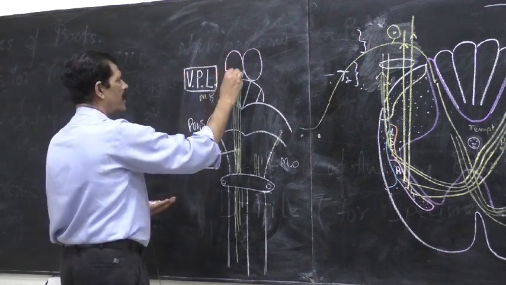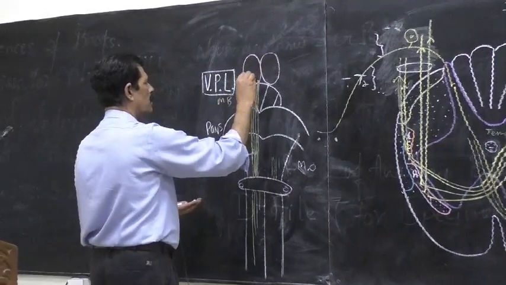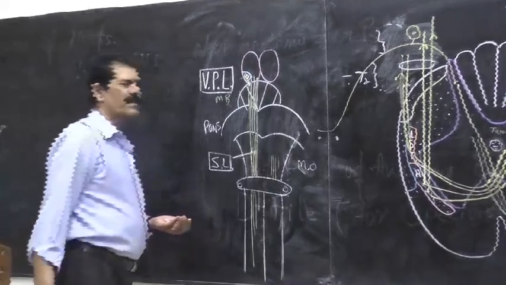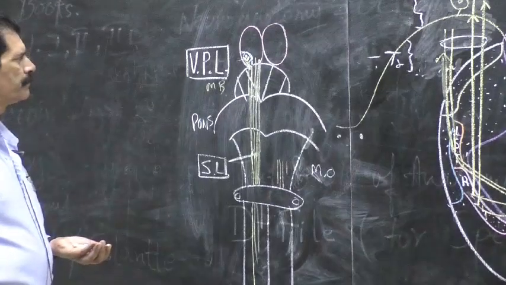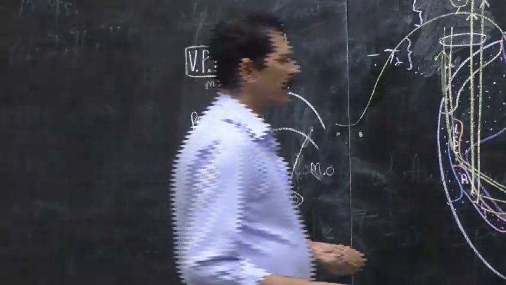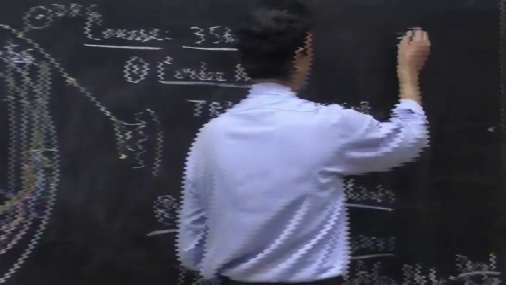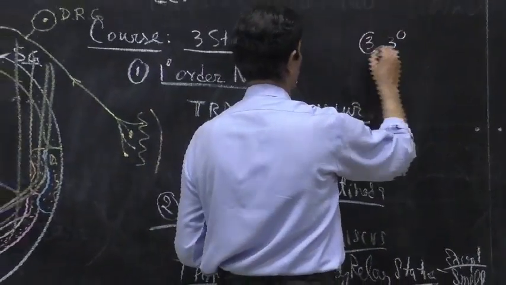So they relay in the ventro-posterolateral nucleus. Now general sensations reach the thalamus. In the thalamus the relay occurs, and now the third order neurons start.